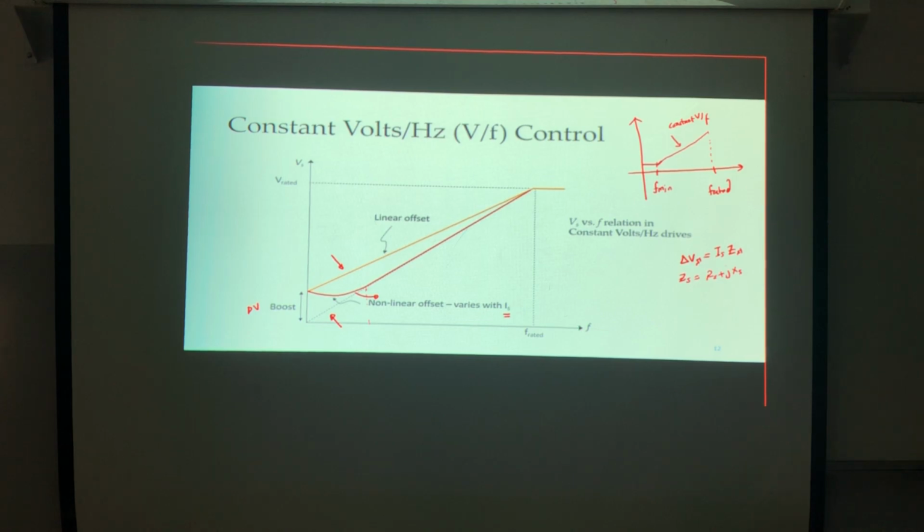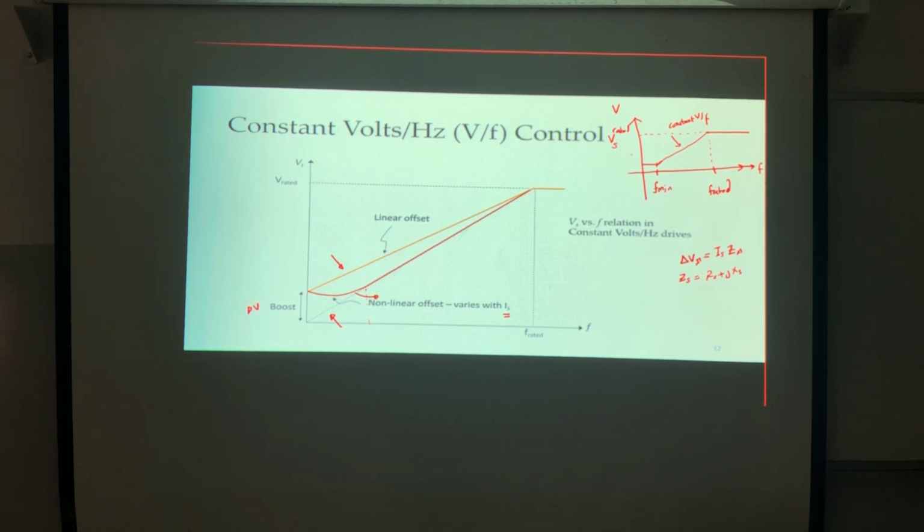Now what about if the frequency is higher than the rated? What will happen? Now this is the plot between the frequency and the voltage. We can't increase V, so simply the voltage will be constant. So now this is pointing toward Vs rated.